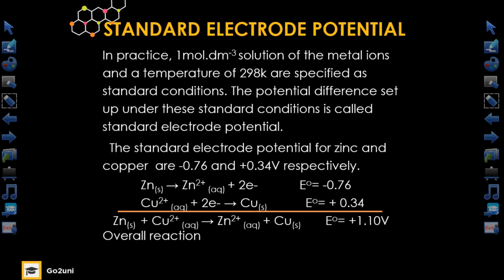That is to say, when they are both used in an electrochemical cell, it generates a voltage of 1.1 volt, under ideal or standard condition of 298 Kelvin and 1 mole per dm cube, that's 1 molar.